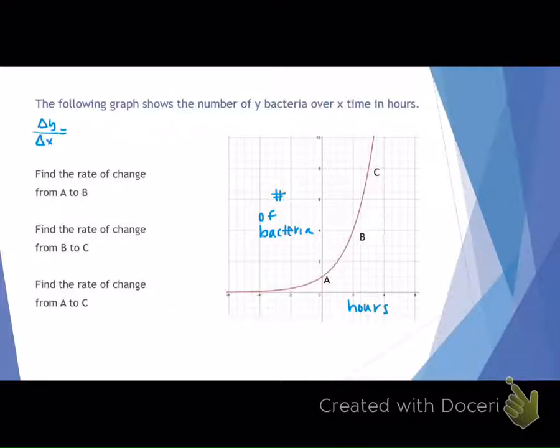What are our units on all of our rates of change? If it's y over x, what does y mean? Amount of bacteria per hour. So it's amount of bacteria per hour.